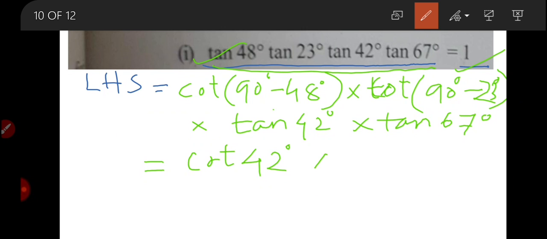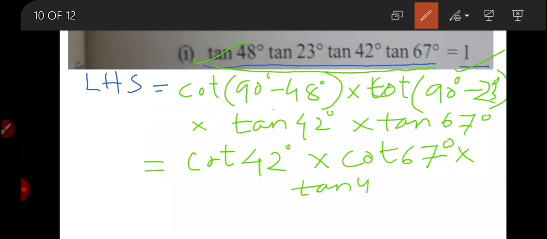Then you can write cot(90 degree minus 48 degree), which is cot 42 degree, into cot(90 degree minus 23 degree) is equal to cot 67 degree, into tan 42 degree into tan 67 degree.